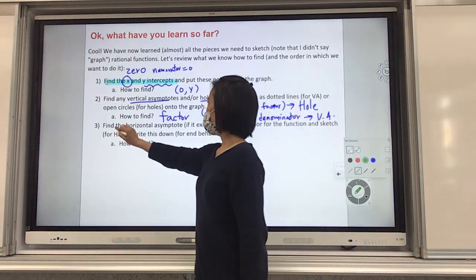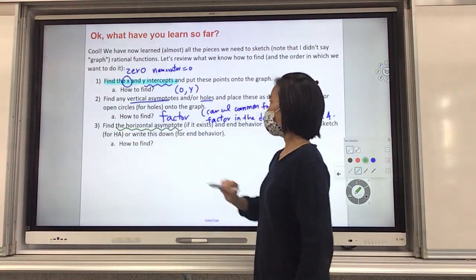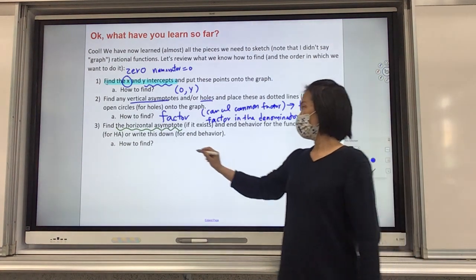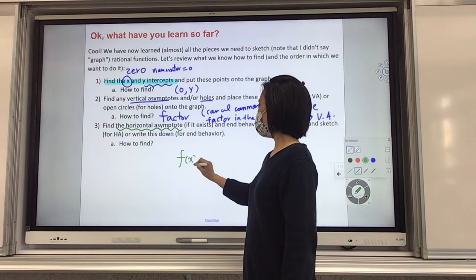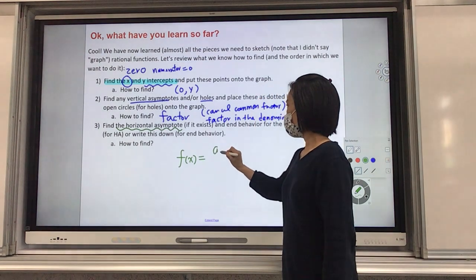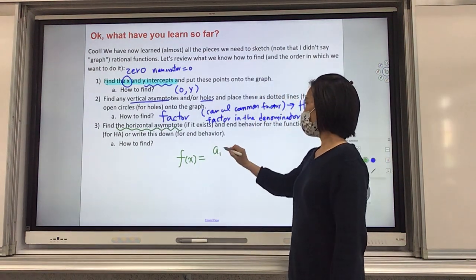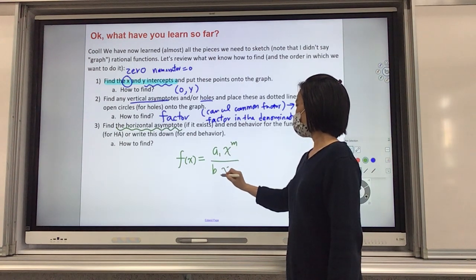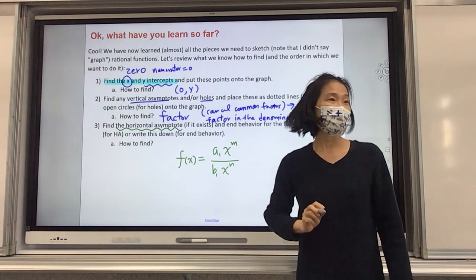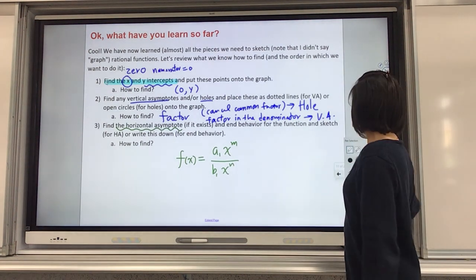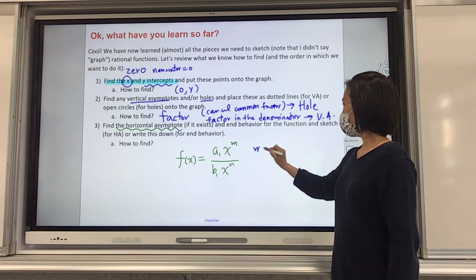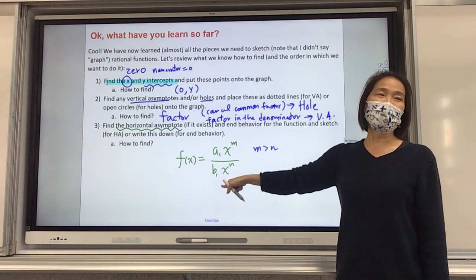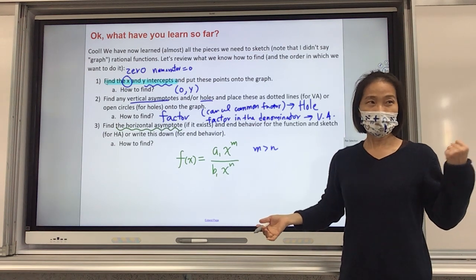After all that, we want to find the end behavior. Is there a horizontal asymptote? Sometimes you do, sometimes you don't. So that's when we compare the leading term on top. Let's say the leading term is a1 x to the power of m over b1 x to the power of n. When the top has the higher power, like x cubed divided by x squared, does it make sense?